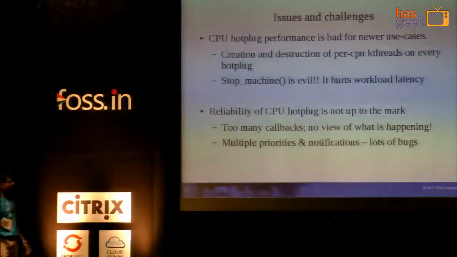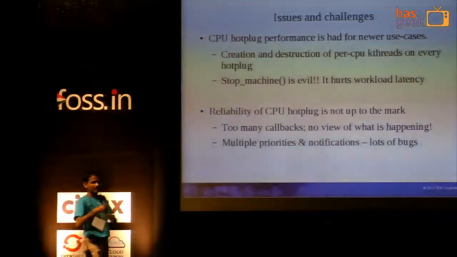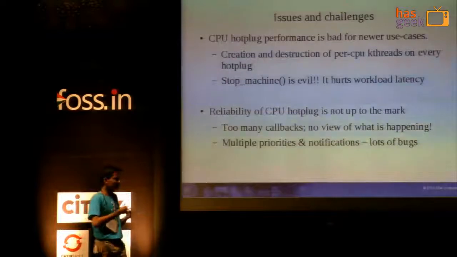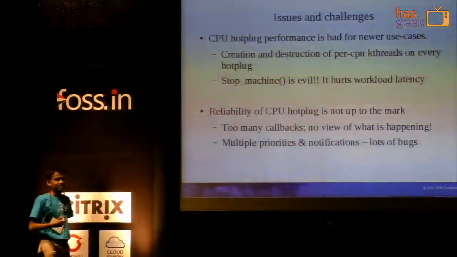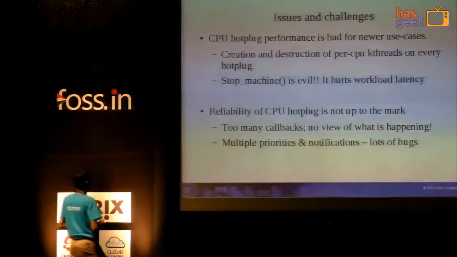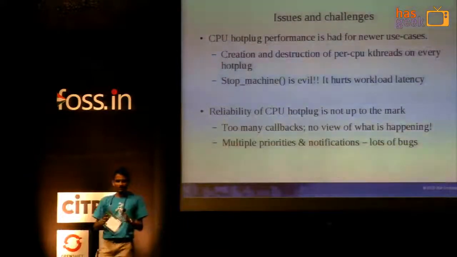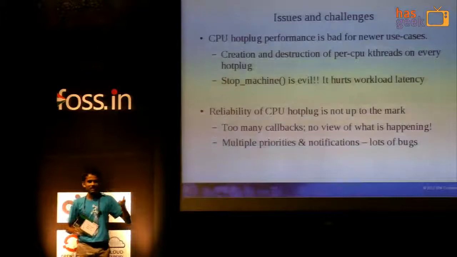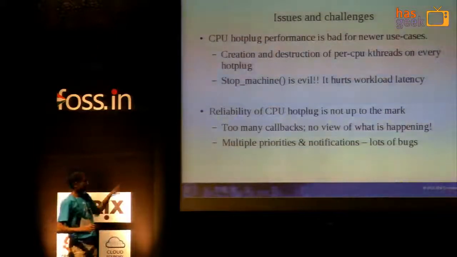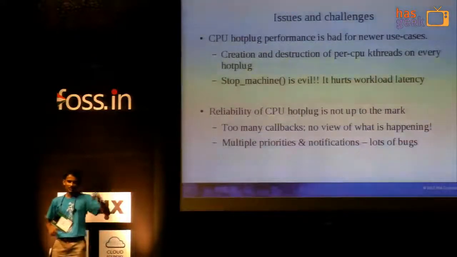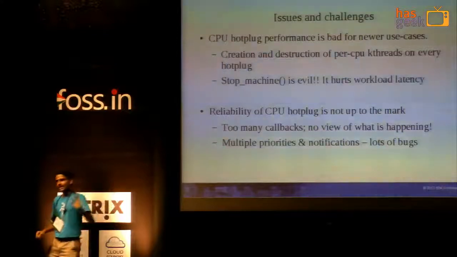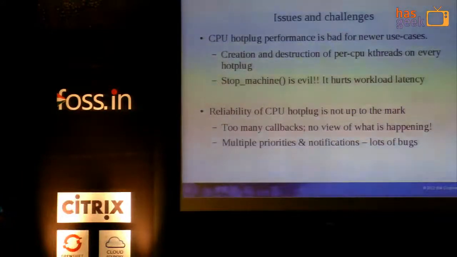If something goes wrong, you cannot really walk back, and it's not easy because you don't have the global view. And there are priorities in each notification, so sometimes they screw it up. You say it's a higher priority notifier, but you have a special case for the notification itself, and that can lead to race conditions and things like that.